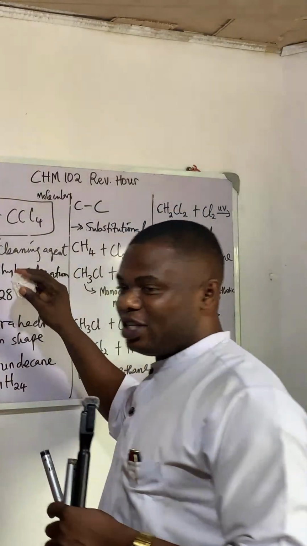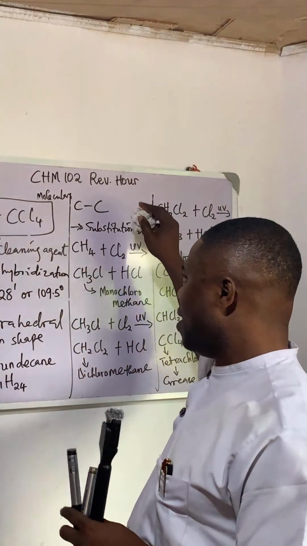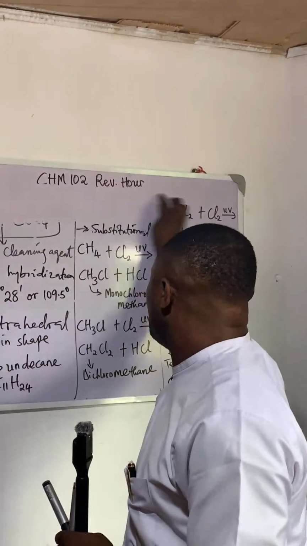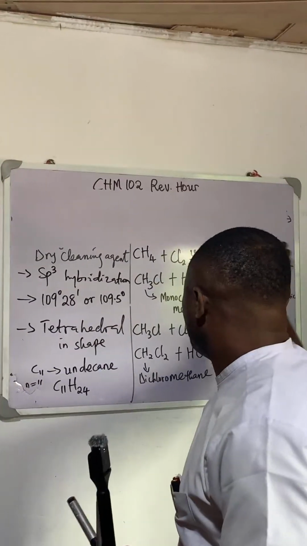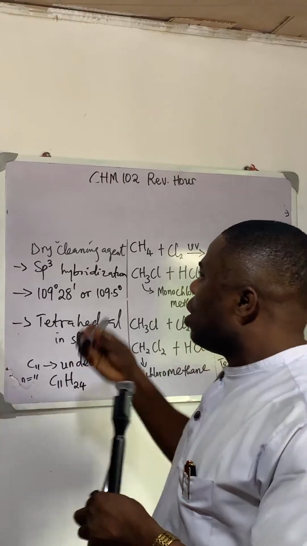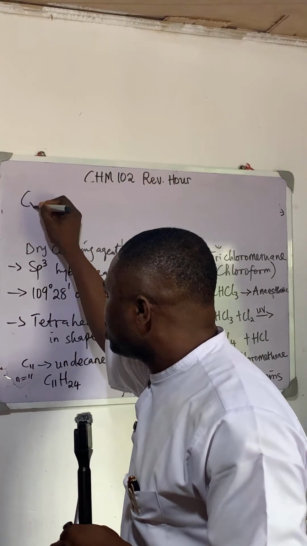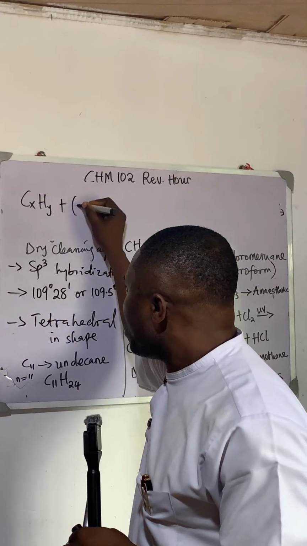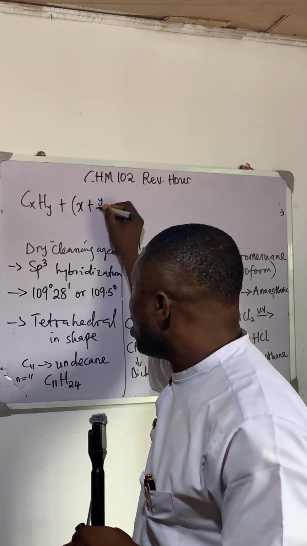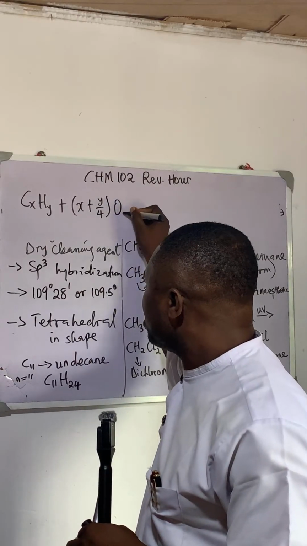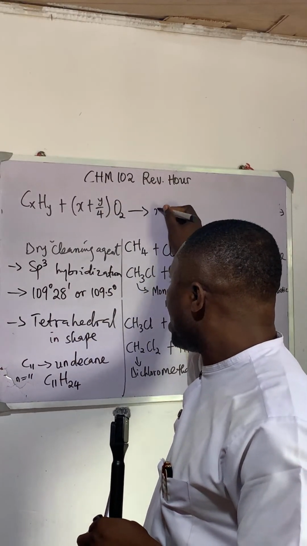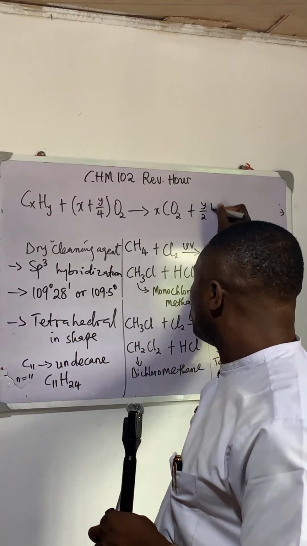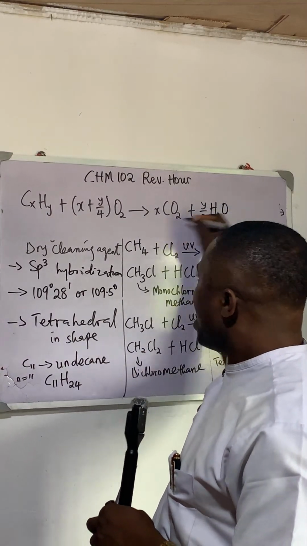So that is just the basic thing about alkane. Then another thing I want to tell you before I go to other hydrocarbons, please look at this. Know CxHy plus (x + y/4) O2 gives you xCO2 plus y/2 H2O.